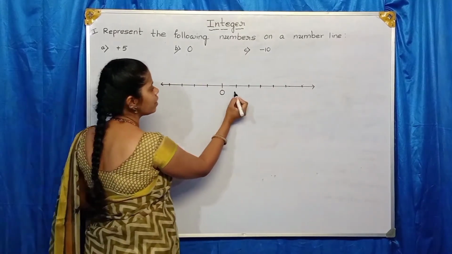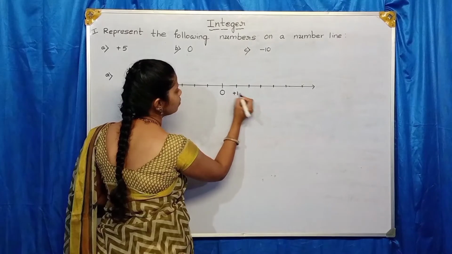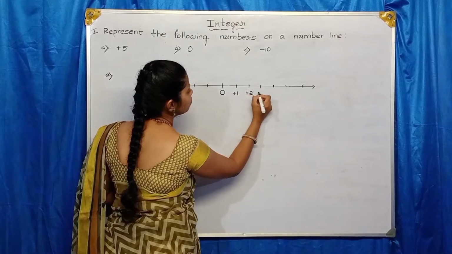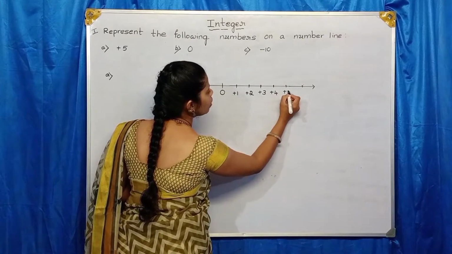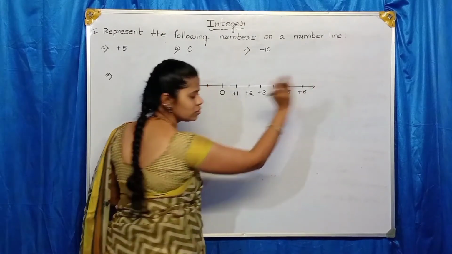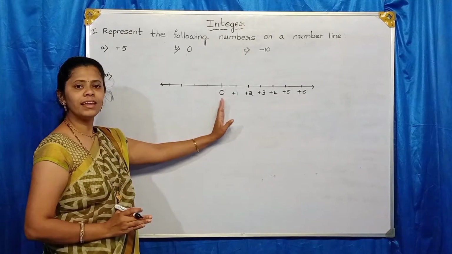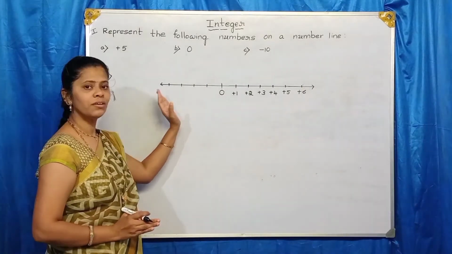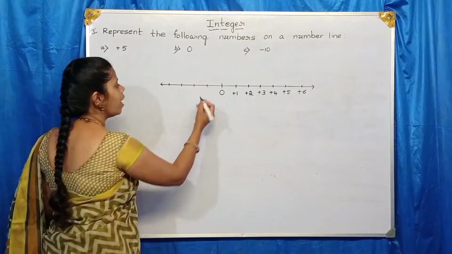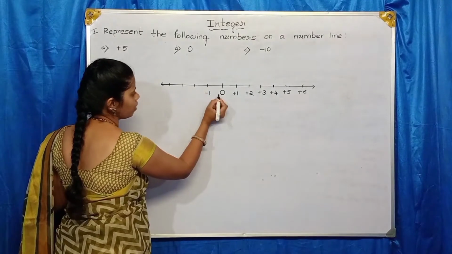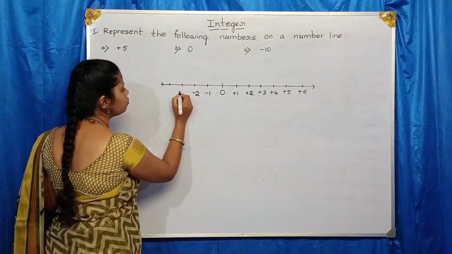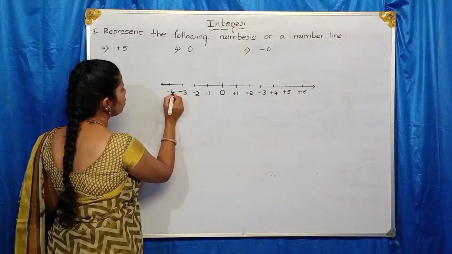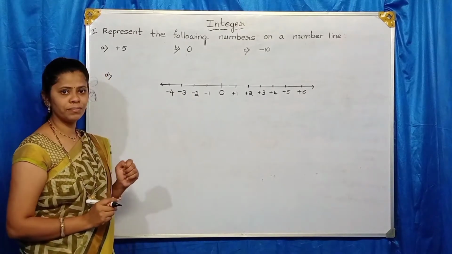So, now let's write plus 1, plus 2, plus 3, plus 4, plus 5, plus 6 and so on. And on the left side of 0, we have negative numbers. And it starts from minus 1 after 0. That's minus 1, minus 2, minus 3, minus 4 and so on.